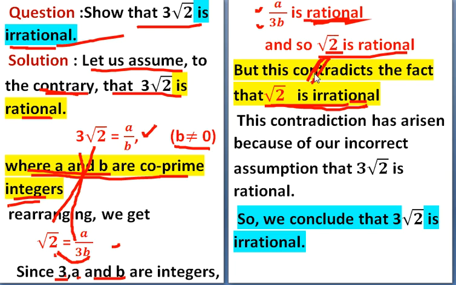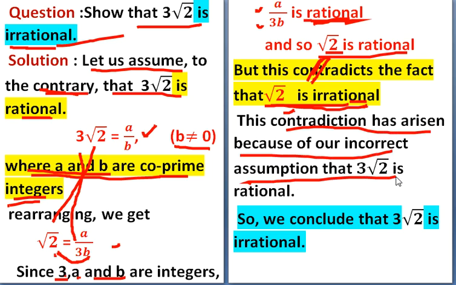So this contradicts the fact root 2 is irrational, and this contradiction has arisen because of our incorrect assumptions. 3 root 2 is rational, because in starting we suppose 3 root 2 is rational, and root 2 is irrational. This contradiction has arisen because of our incorrect assumptions.